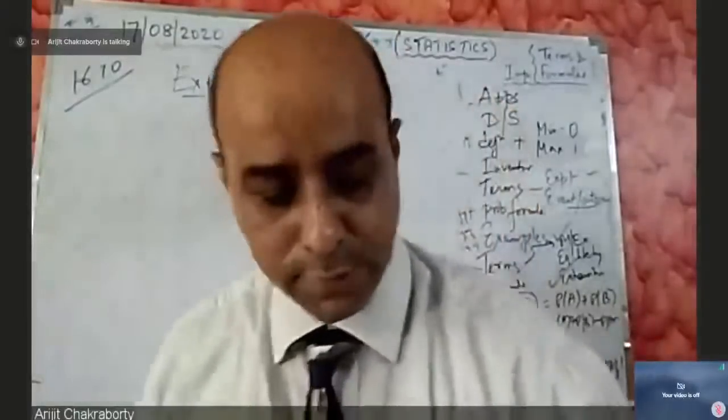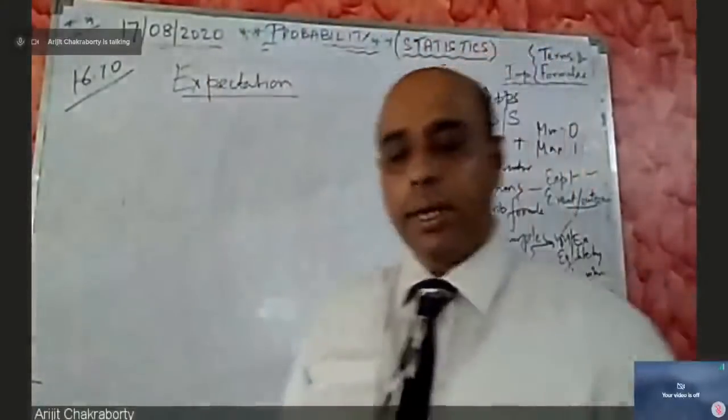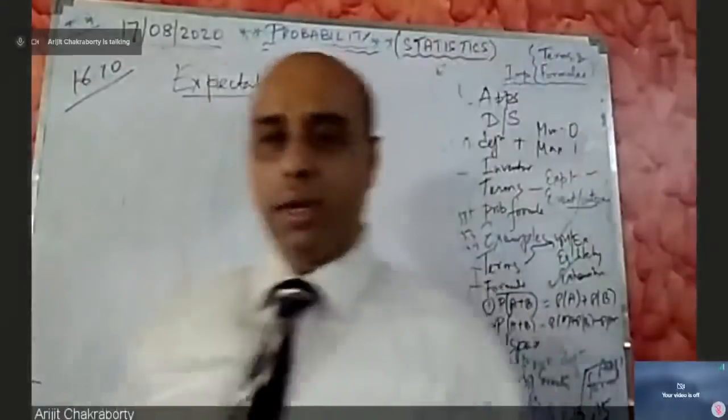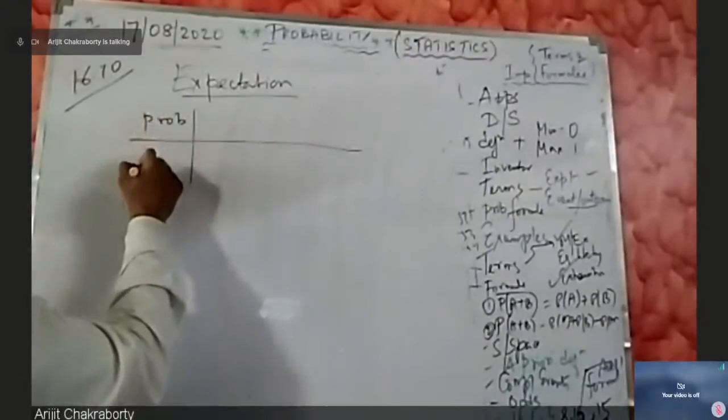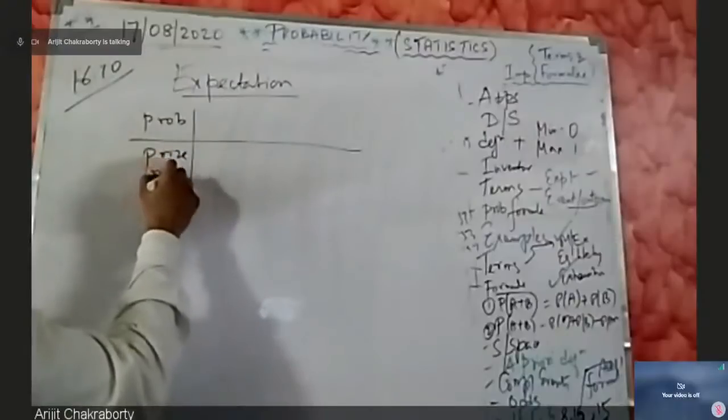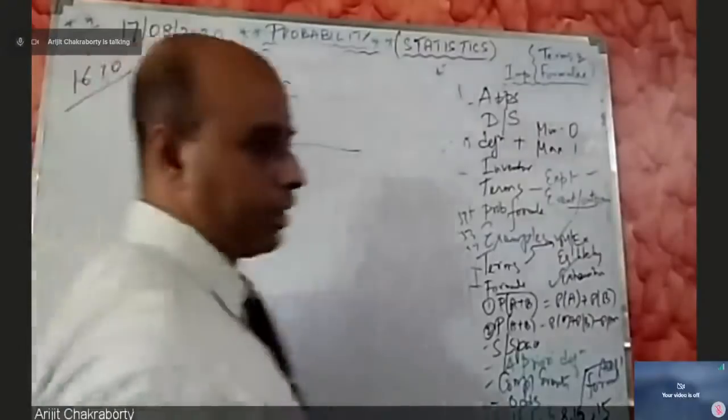And in case of expectation, it's very simple. Expectation of, say, I put it in this way. Say for example, here I will write probability and here I will write prize money.